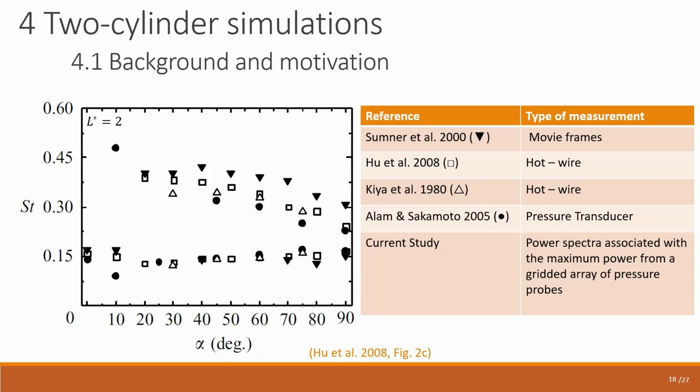With all the different forms of measurements, in this thesis I tried to standardize how I measure the Strouhal number for a two-cylinder configuration. I do this by taking the first dominant frequency of the power spectra associated with the maximum power, and I take this from a gridded array of pressure probes in the computational domain.